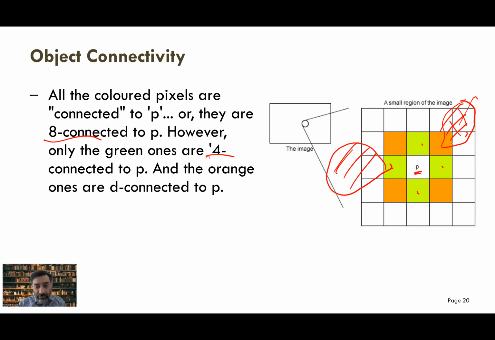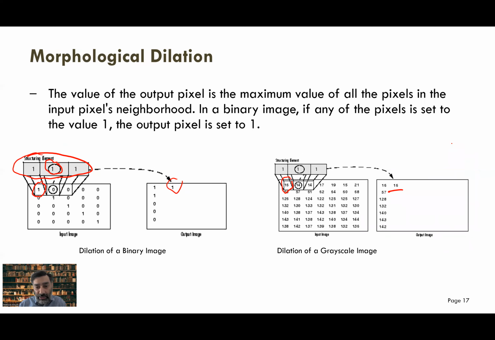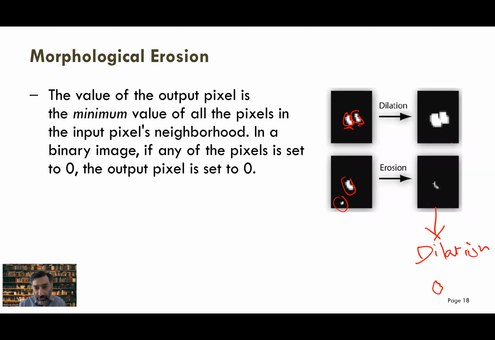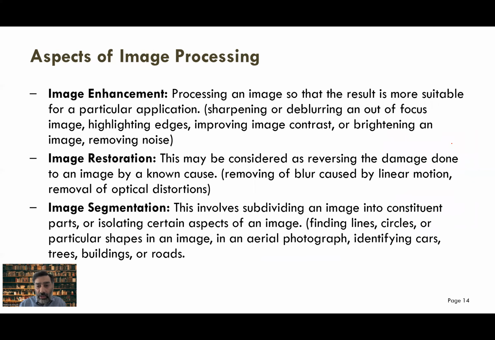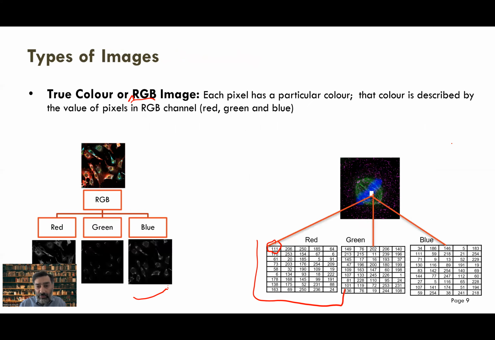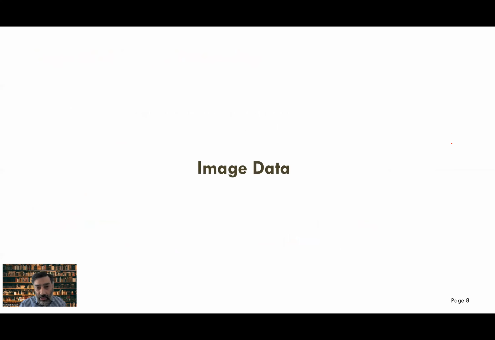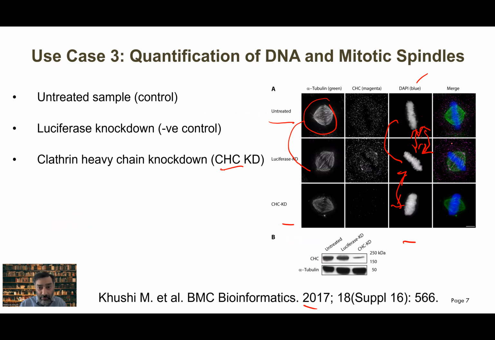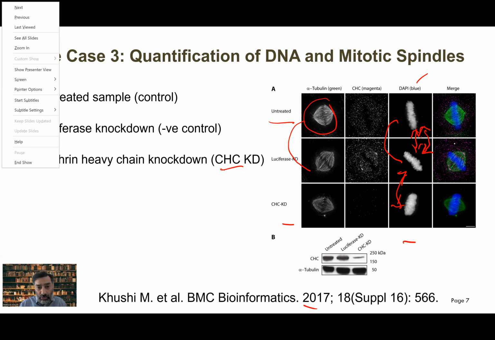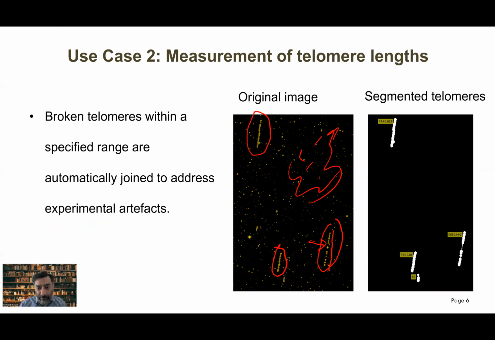So why is that important? This is very, very important in all of the applications that we discussed here. In this example, dilation or erosion. Even in these examples, when we were extracting the DNA, and also in these examples, and the other examples here, because we are measuring the length of the telomeres automatically, and it's all based on connectivity.